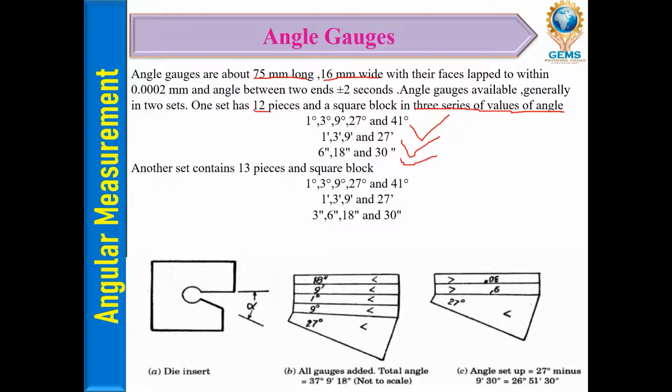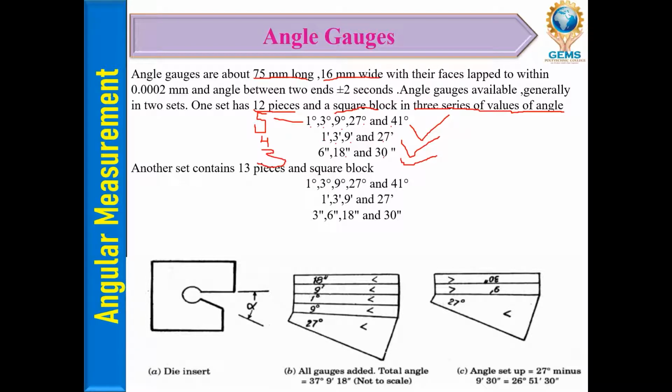So there are 12 pieces. If you count, the first series has 5 pieces, the next has 4, and the last has 3.